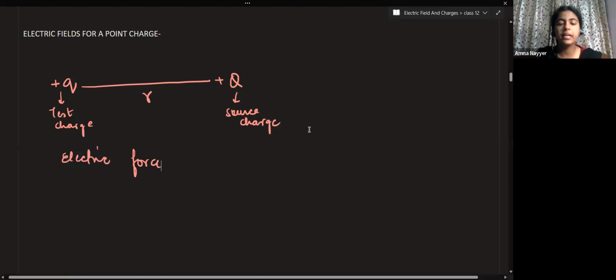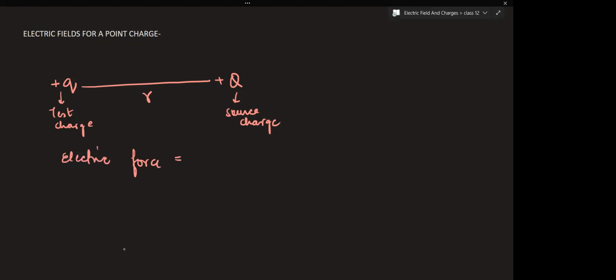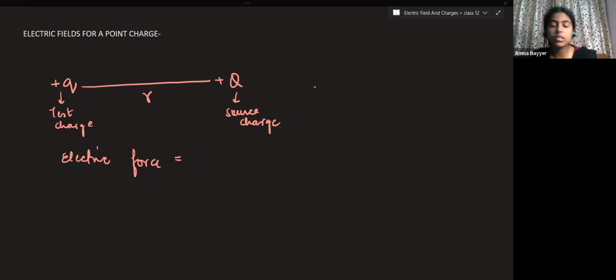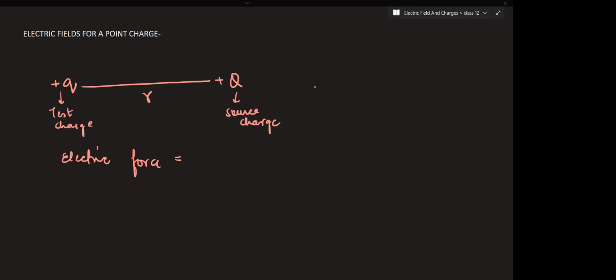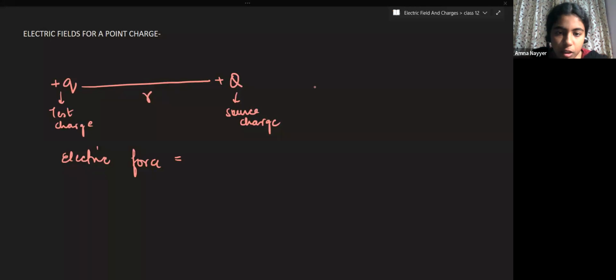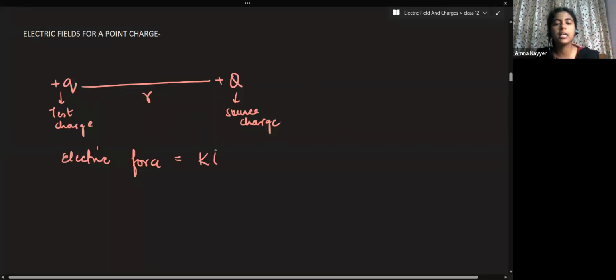Electric force will be K Q1 Q2 by R square. What is Q1, what is Q2? We don't have Q1, Q2 here, we have small q and capital Q. Yes. So this will be K capital Q small q divided by R square.